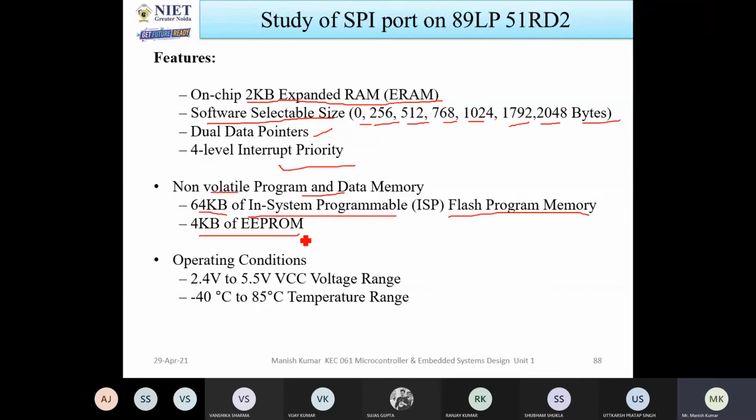So 64 kilobyte non-volatile program memory and 4 kilobyte non-volatile data memory. Now, you have studied in ROM that you can't write the data. Since it stands for read-only memory, you can only read the data.